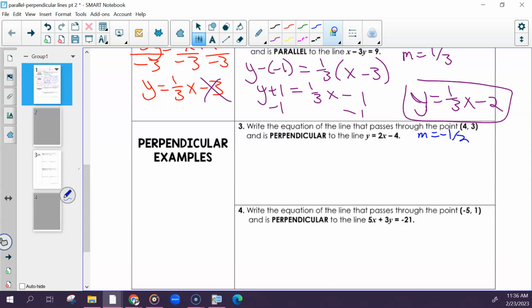If it's already in slope intercept form, great. Then the process is the same. You have your slope, you have your point, put that into your point slope formula. So y minus 3 equals -1/2 times x minus 4.